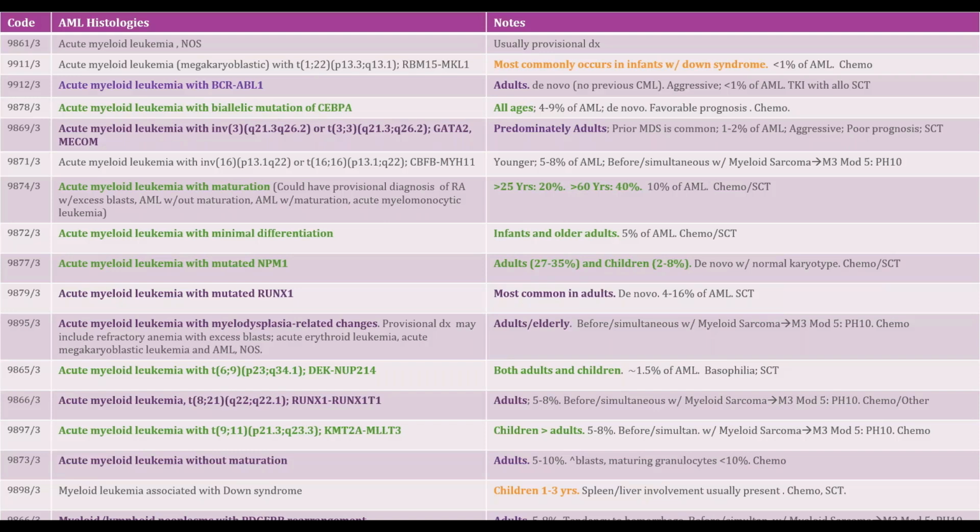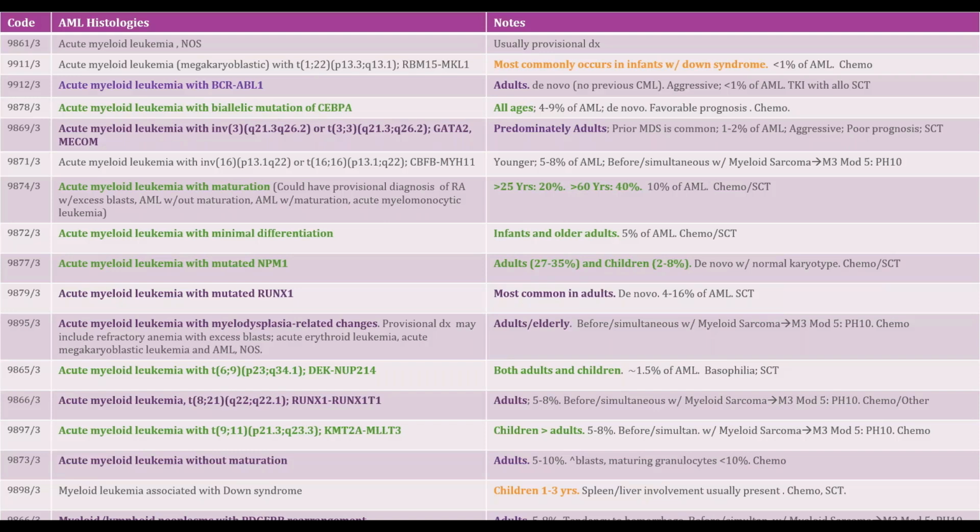I won't go through all of these for the sake of time, but you can go through this slide on your own and read through the various types of AML histologies, who's affected, if it's aggressive, does it have a favorable prognosis, those types of things. I try to add some notes on all of the histologies here for you. Again, we won't spend a ton of time here.